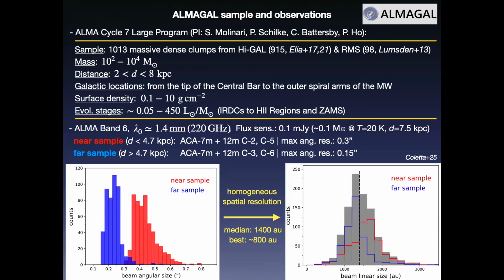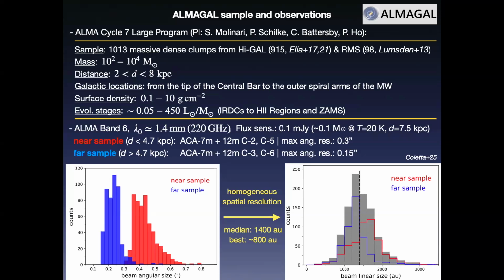This distribution is quite homogeneous, with a median value of about 1,400 AU as a median resolution, with also some more favorable cases where we reach better resolutions.